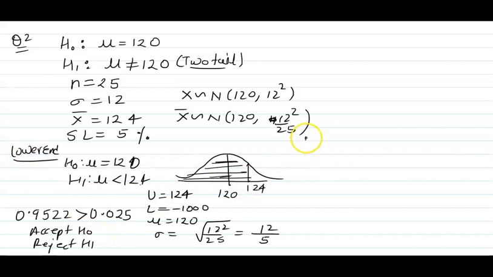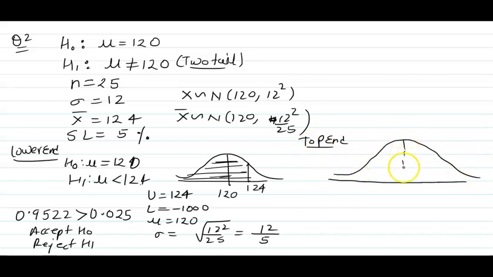Now, if we go on the top end, we can draw again. Mu is 120, and 124 is this side. We are going for this area, but our calculator gives the left side of the area, right? Casio ClassWiz gives the left side of the area.